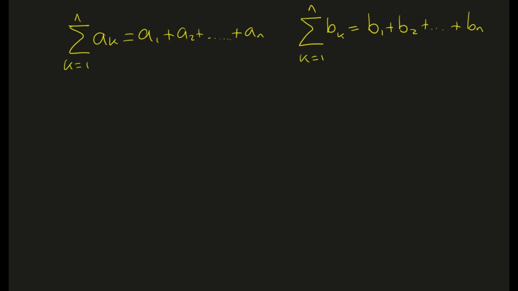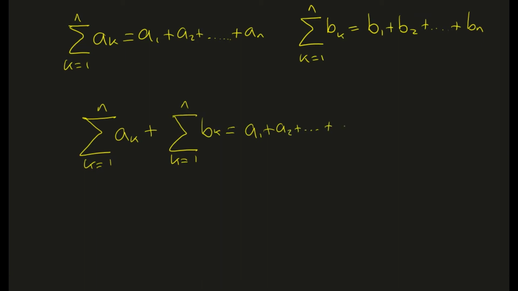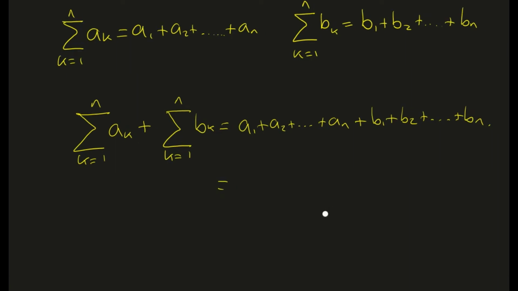So our first result, well, let's think about what would happen if we added these together. So we're going to have the a's, and we're going to add to that the b's. Well, we would certainly have a1 plus a2 and so on all the way up to an, and then we would have b1 plus b2 all the way up to bn. But because we're adding, we can group these in any way we like.